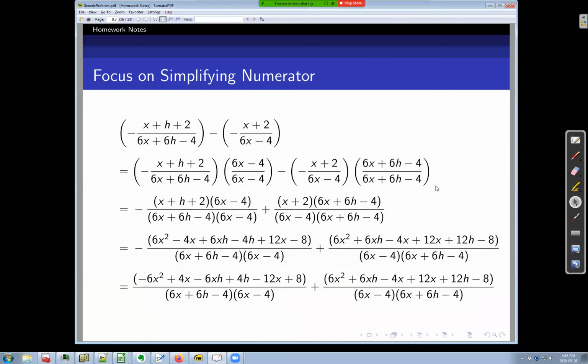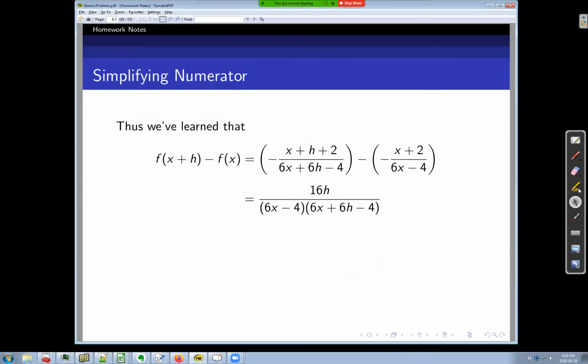Okay. So this is what we've got now. Our goal was to figure out what f of x plus h minus f of x was, or at least our sub-goal. And we've now figured out that it's equal to this.